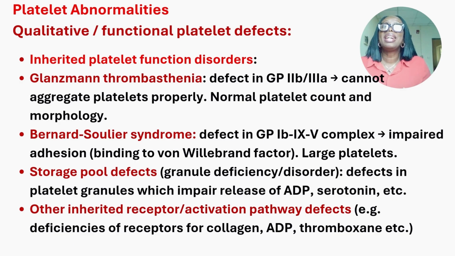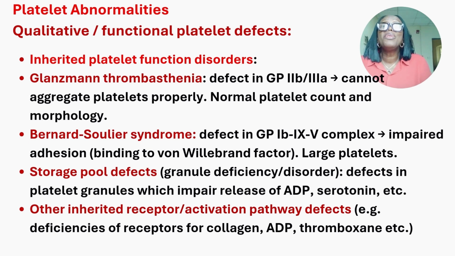Activation of this receptor is what helps in binding adjacent platelets together, forming platelet aggregation and, at the end, what we know as the platelet plug that blocks the site of injury.